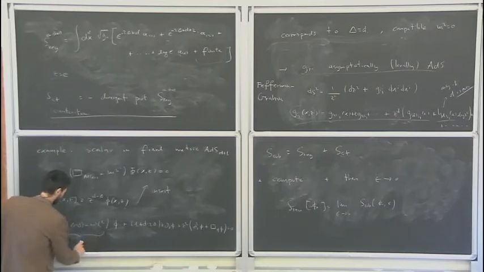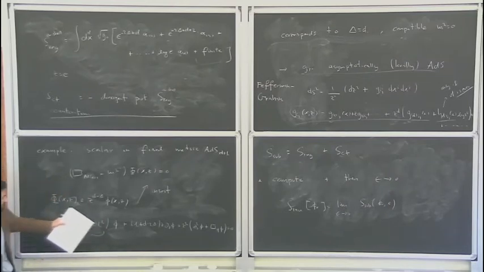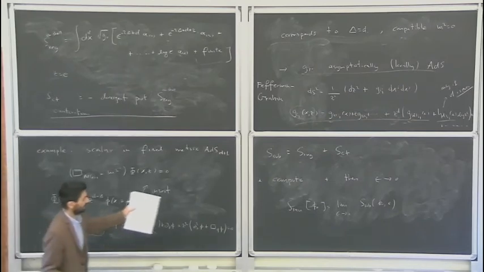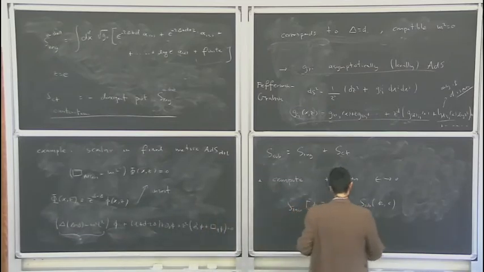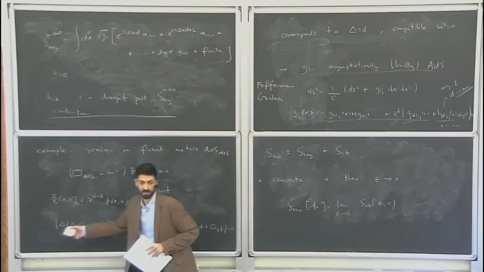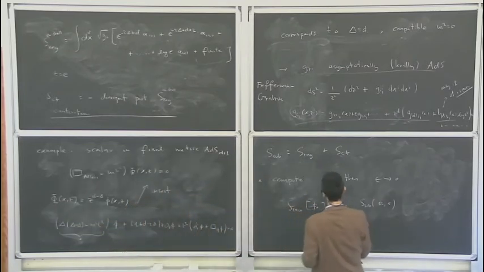So this is 0. Or if I didn't know that it was 0, then this equation forces this to be 0, because I can again expand phi in a power law expansion, and I would find that at leading order this has to be 0. So let's leave the magic for the moment there.